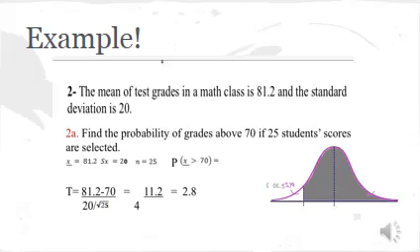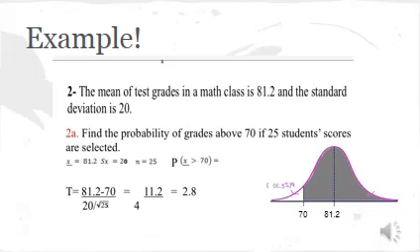Using the graph to the right, you will notice that t is the left side due to 70 being on the left side of the mean 81.2.